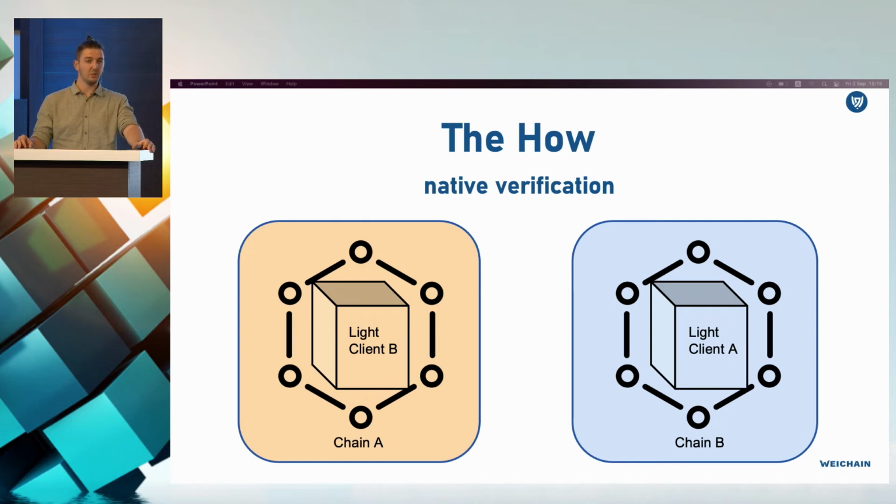So how this works is basically you have chain A and chain B, and each of them has a light client embedded inside the virtual machine of the other.